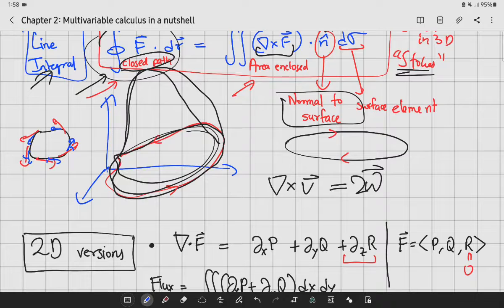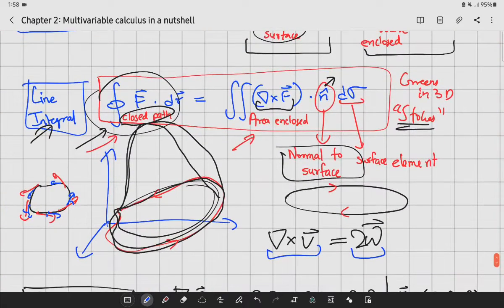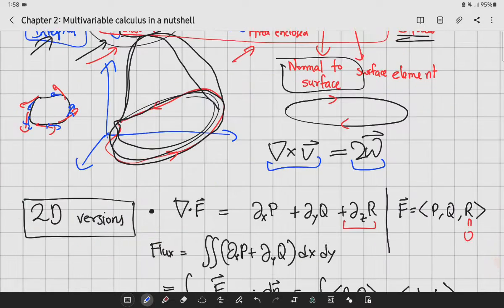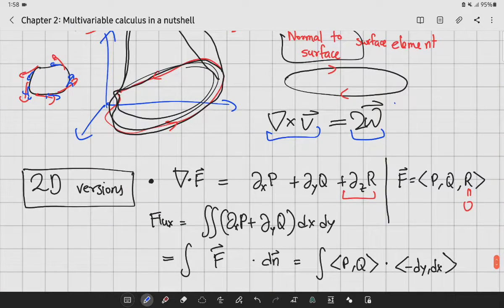So the interpretation is that the curl of a velocity field should give you the angular velocity. And this is something that is consistent across different fields. Even in EM fields, there is a relation between the curl of the electric field, which will give you the time rate of the magnetic field.